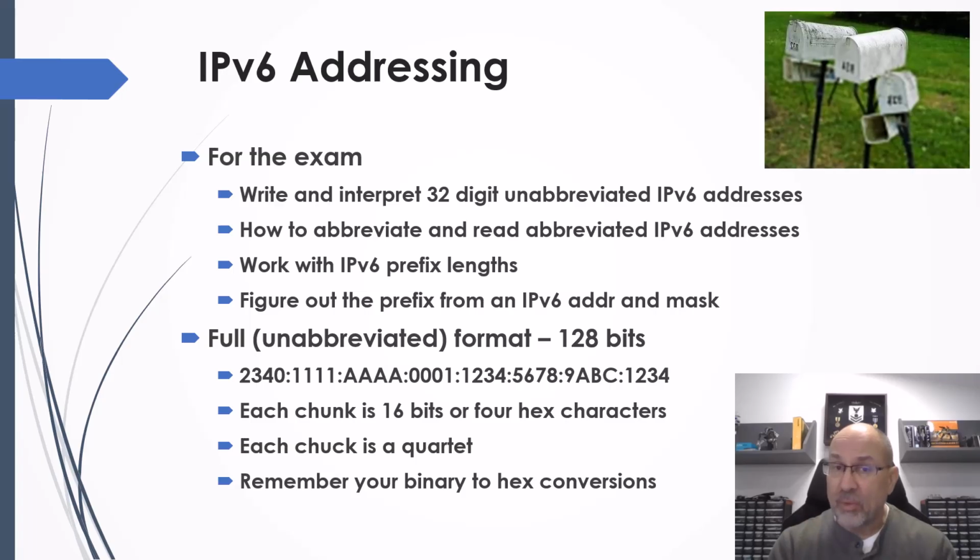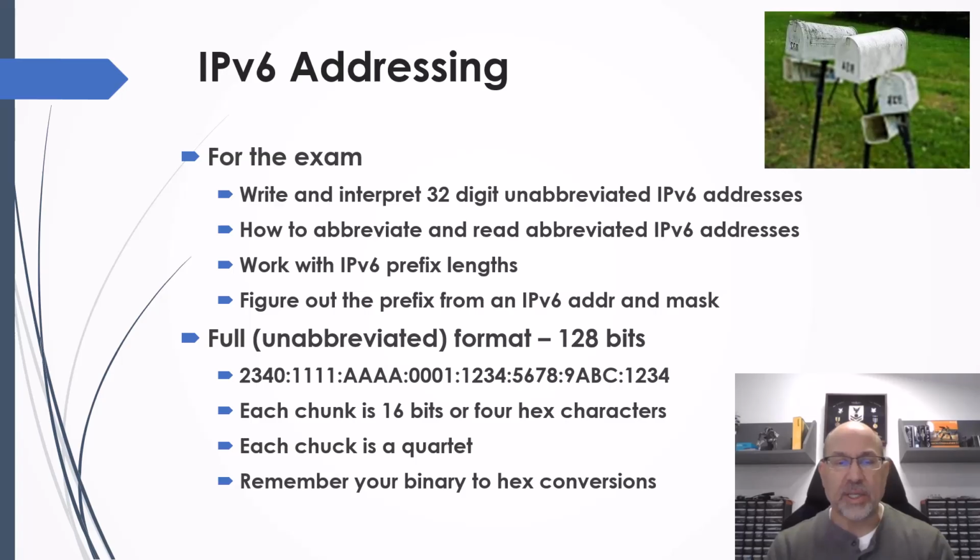You might be able to get away with even less than that. So we have to understand how to unabbreviate and abbreviate these large IPv6 addresses. We need to be able to work with the prefix length, right? That's the slash. The most common one that you see is a /64, which is half of the IPv6 address space. And then we need to be able to figure out the prefix from an address and a mask.